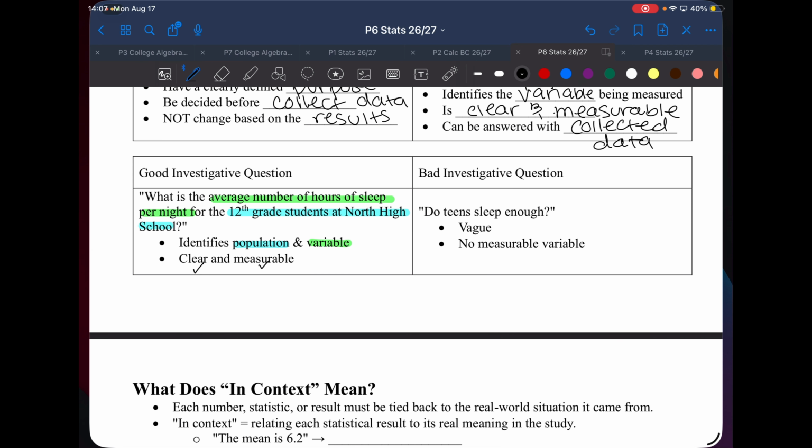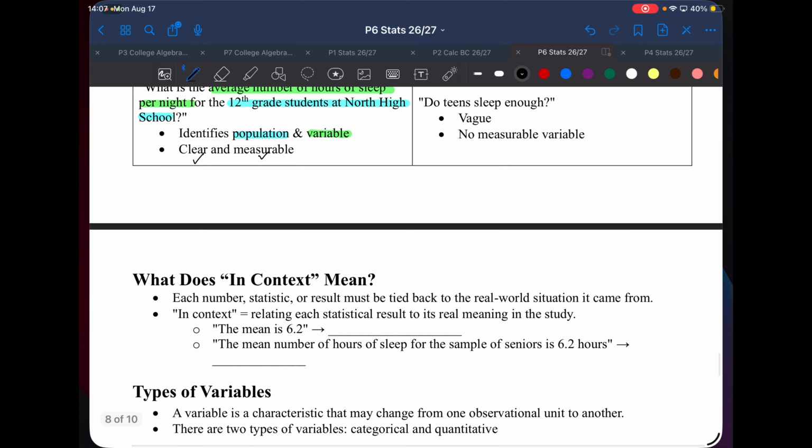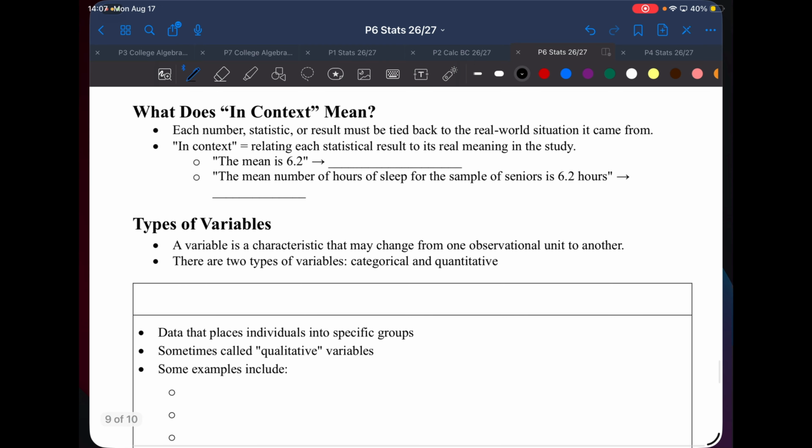Okay. The next important thing is we need to make sure that we always answer any questions in context. Okay, for example, if I was to answer a question and state the mean is 6.2, do you think that includes context or does not include context? Does not. So this is not in context.